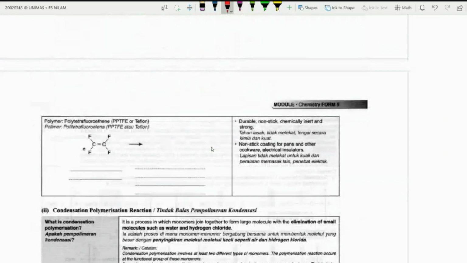Okay, last one. You see, all the hydrogens just now, no more hydrogen, all changed to F. Don't worry, we just follow F. The name you just copy down: this is polytetrafluoroethene, or PTFE, or the simple name is Teflon.